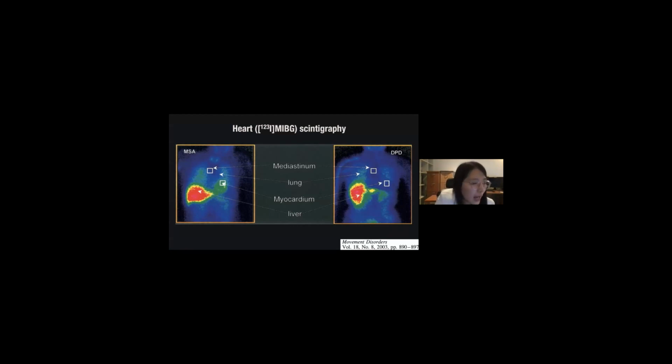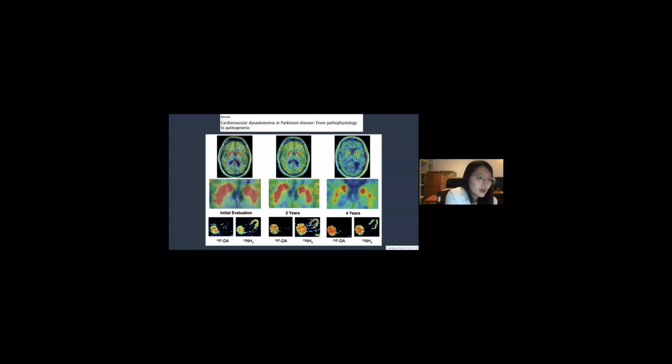So iodine-123 MIBG cardiac scintigraphy is a sensitive tool for detecting myocardial post-ganglionic sympathetic dysfunction in PD. This case presents longitudinal and serial striatal F-DOPA brain PET and cardiac fluorine-18 labeled dopamine and ammonia perfusion scans in a PD patient with pure autonomic failure.